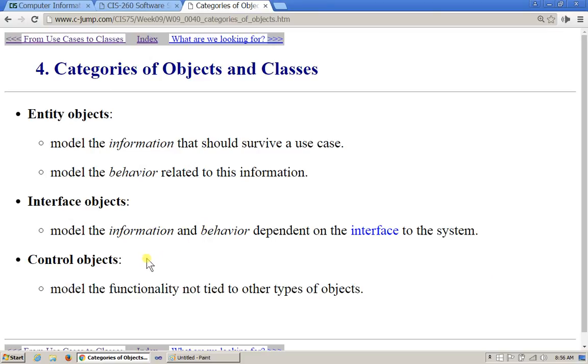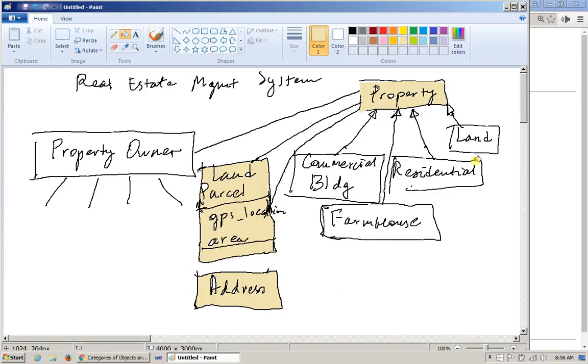So the next thing, an interface object type would model the information and behavior dependent on the interface to the system, right? So again, in some way, since there is so much hierarchy to different types of properties, and also in association here, the property class here has maybe some traces of an interface object, right?